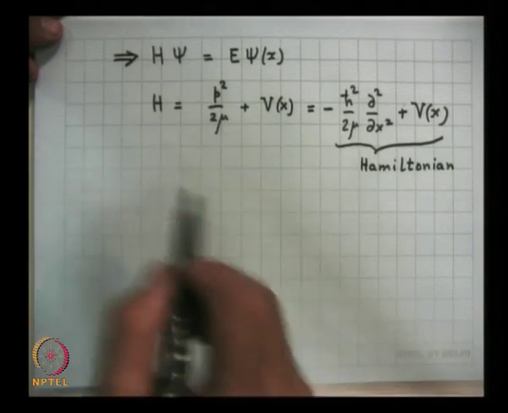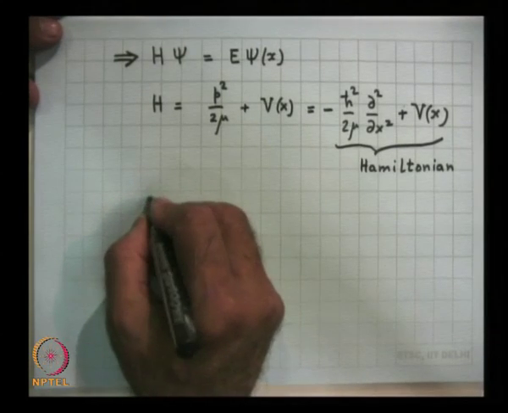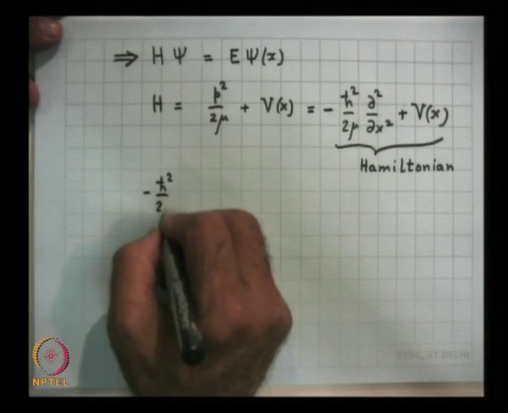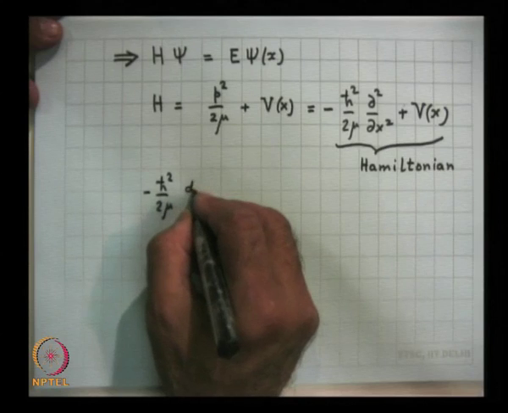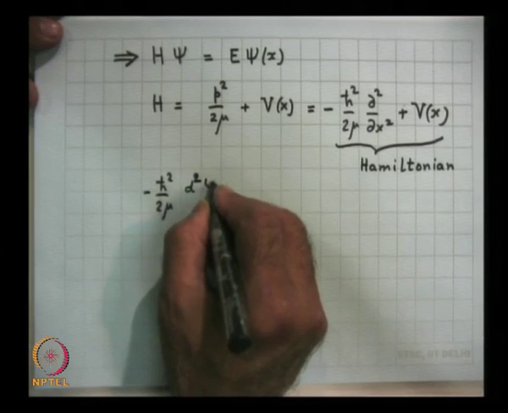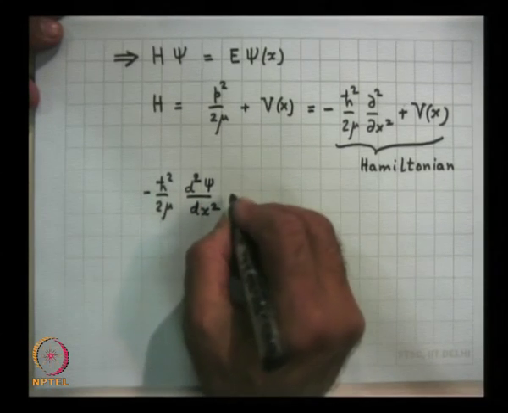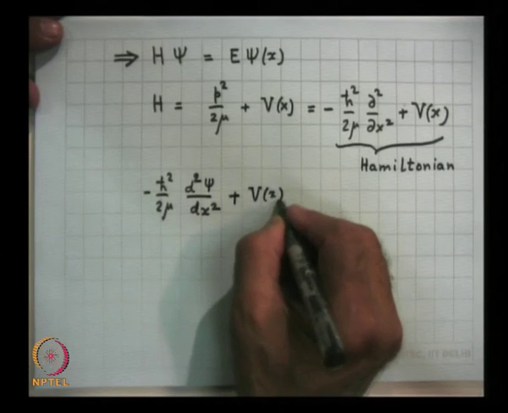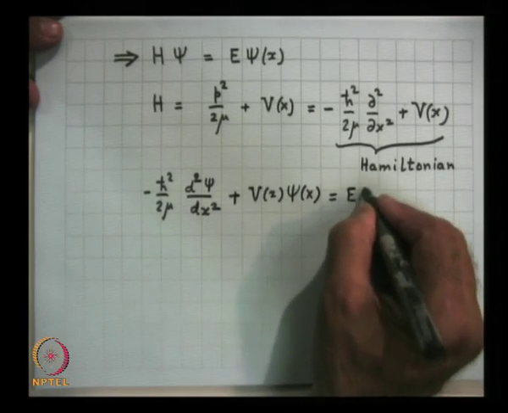If I substitute this here, as was obtained a few minutes back, minus h cross square by 2 mu, since psi depends only on the x coordinate, I can replace the partial differential operator by a total differential operator: d 2 psi by d x square plus V of x psi of x is equal to E times psi of x.